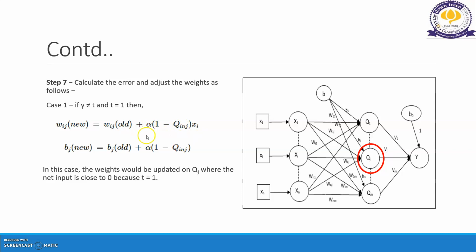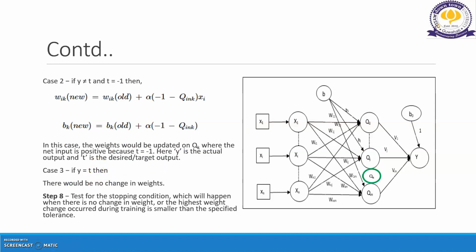So the error term is the target minus your calculated output. So similarly, bias will be updated as old bias plus learning rate alpha times the error term.